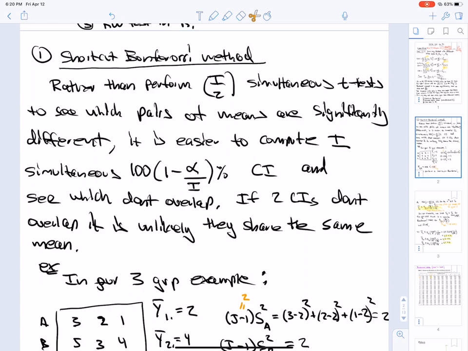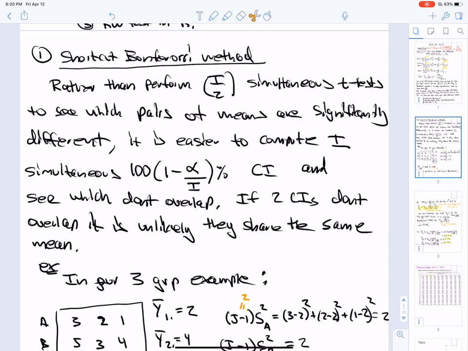So for each group, we're going to get a confidence interval for the mean, and we'll just eyeball essentially whether these intervals overlap or not. If they don't overlap, it's very unlikely that they have the same mean. So in that case, we would say they have different means.